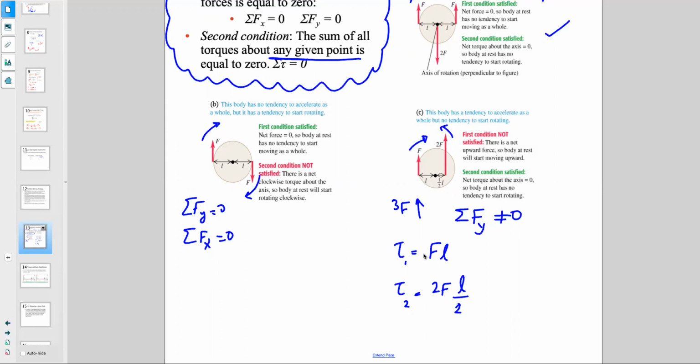So you can consider one to be negative, the other one being positive. They are in the opposite direction. Let's call this one negative. So you have negative FL, and then you have positive FL. So the total torque, which is torque 1 plus torque 2, is 0. So the second condition is satisfied. But this one is still not in equilibrium because the first condition is not. So in other words, you have to have both conditions satisfied at the same time.